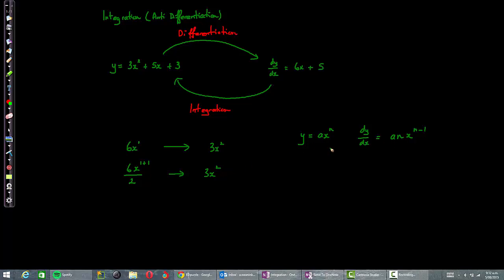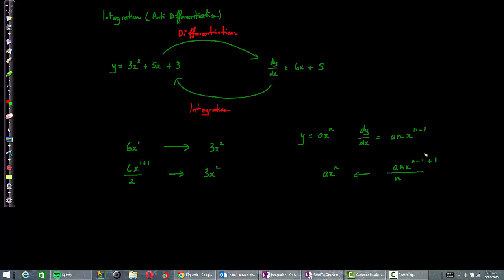So if I generalize that, if I were to take this here, and if I add 1 to that power, that becomes just n again, and if I then divide by that new power, which is n, then it's going to take me back to ax to the power of n.